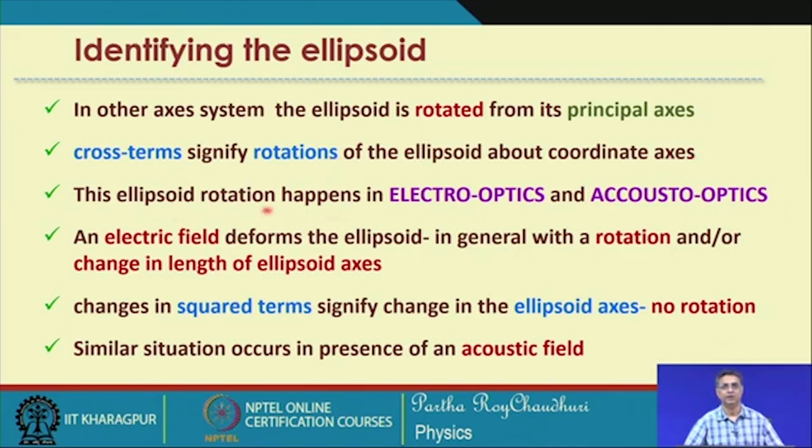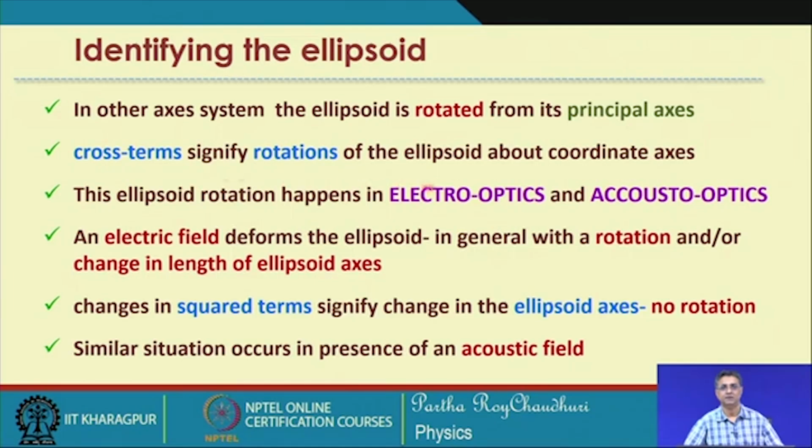This kind of ellipsoid rotation situation we will very often encounter in electro-optics and acousto-optics, and this is the basis of analyzing the electro-optic effect, acousto-optic effect, and also magneto-optic effects.